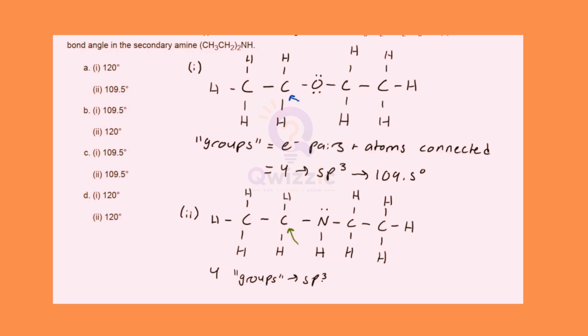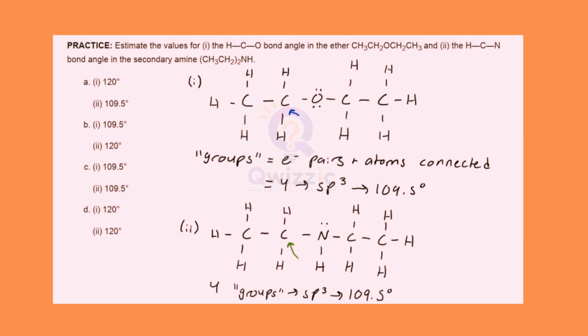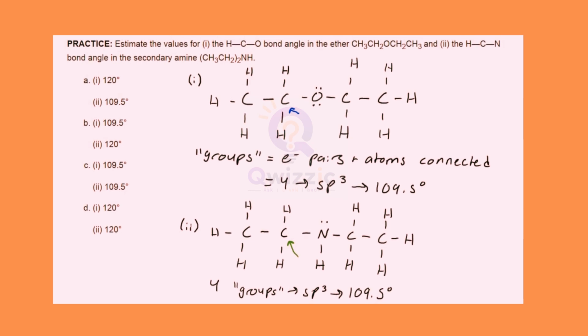Because carbon is the point of reference for this bond angle, and carbon itself is sp3 hybridized with no lone pairs, the bond angle should once again be approximately 109.5 degrees. And there you have it. This means that our answer is option C in the multiple choice, where both parts 1 and 2 are approximately 109.5 degrees.